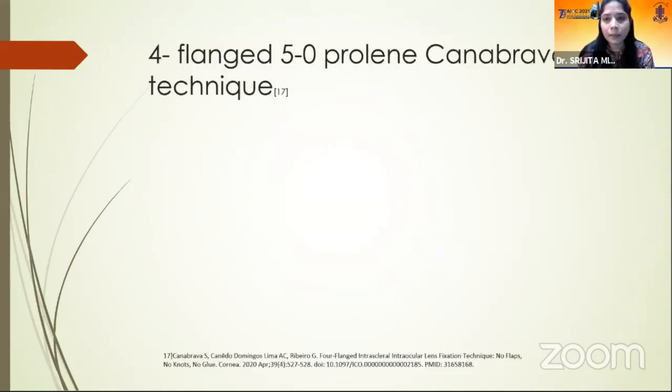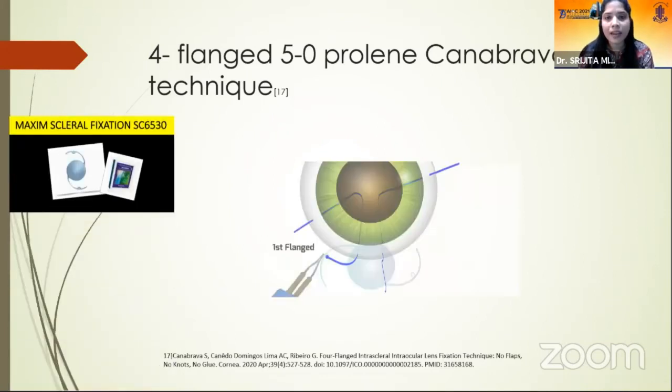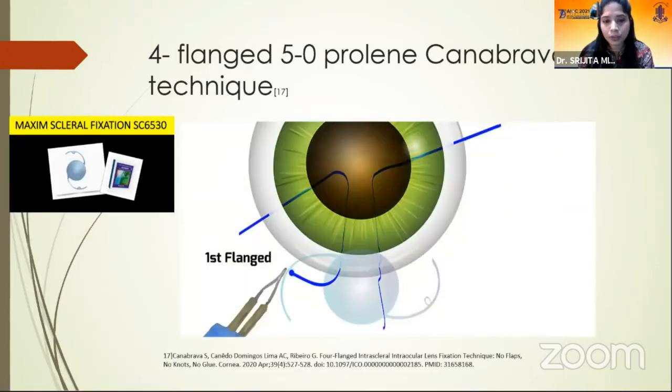A latest technique by Kanabrava is a 4-flange technique where he has used 5-0 Prolene sutures to thread the eyelets of the IOL and flange the 2 points, and then in a similar fashion, he had taken out the suture from the site of the sclerotomy and flanged them at the 3rd and 4th point.